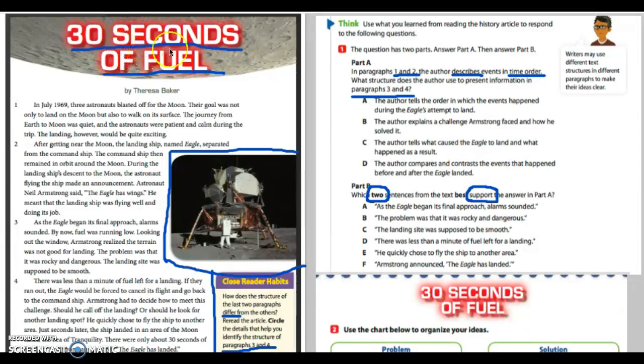Okay, so when we look at that passage, we need to look in paragraphs 3 and 4 for the problem and for the solution. There are a few words that indicate problem and solution.